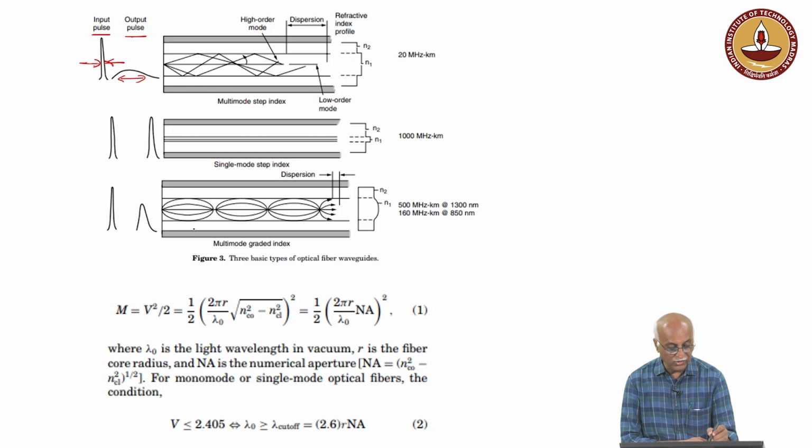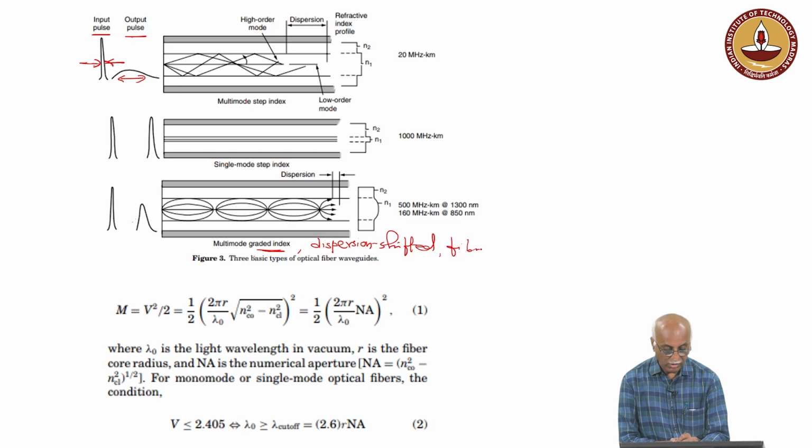But if I vary the refractive index of the medium in a way that the pulse broadening can be minimized, through graded index fiber or dispersion shifted fiber, optical fiber. This is also a multimode fiber, it allows multiple modes to propagate, but they all propagate in such a way that the pulse broadening is minimized.